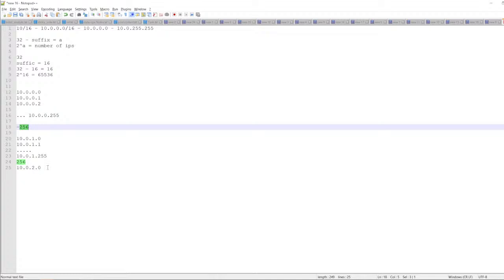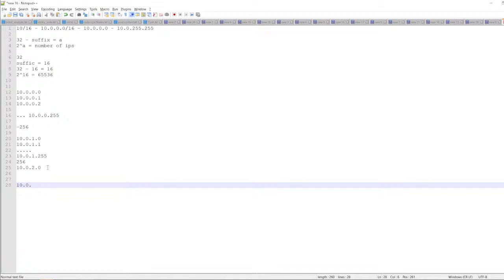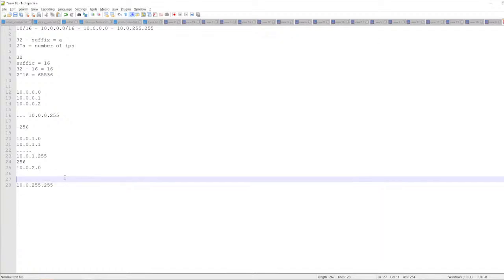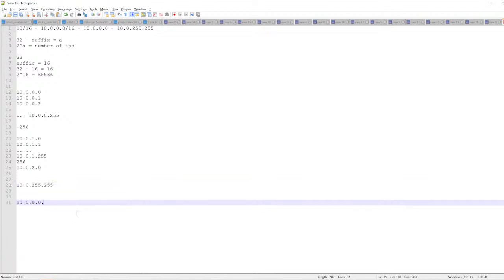If I go like this, what will be the final one? 255.255. If you want, you can multiply 256 by 256. So this will be the final IP I can use. What is the IP range? Starting with 10.0.0.0 till 10.0.255.255, right?